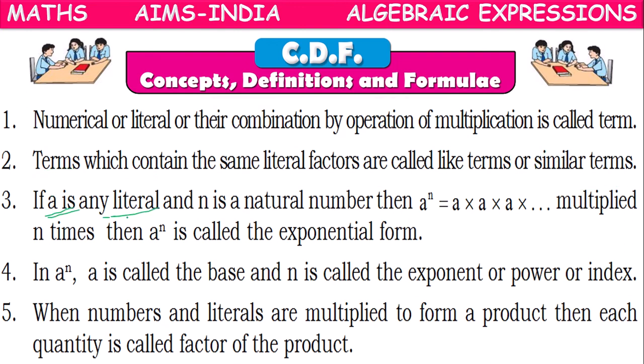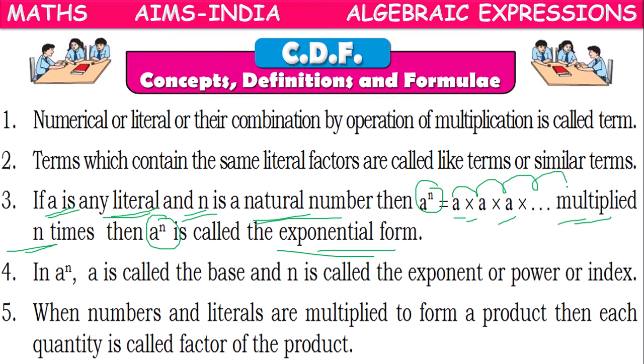If a is any literal and n is any natural number, then a power n equals a multiplied n times, and a power n is called exponential form. Instead of multiplying the same number repeatedly n times, we can write it as a power n, which is called exponential form.